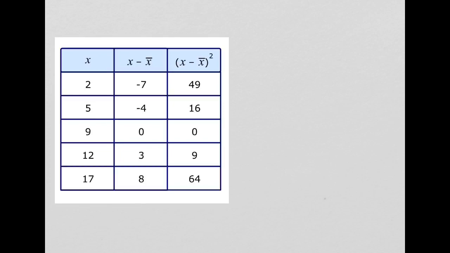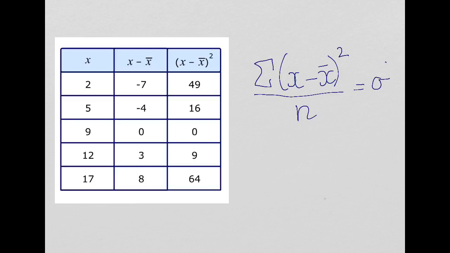So if we add all these up, if we add that column and then take the mean of it, that gives us something called the variance. So that is little sigma squared, the variance.